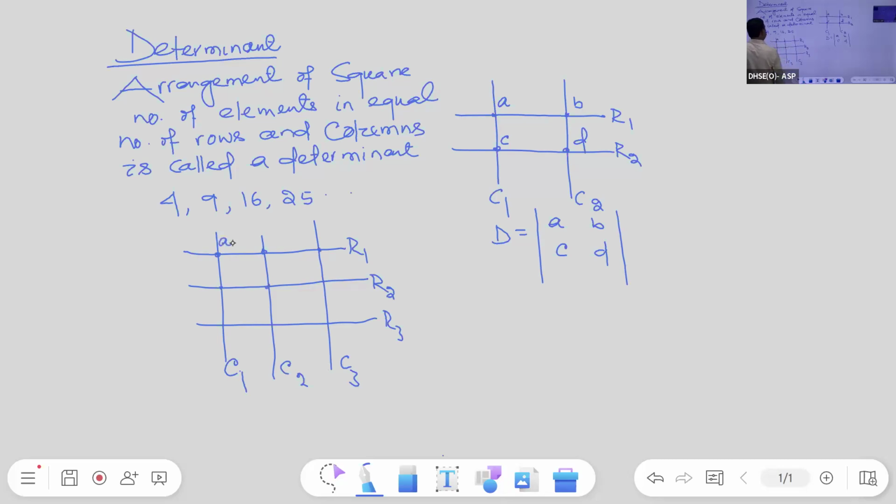Suppose this point of intersection is occupied by A. This is B, C, D, E, F, G, H, I. So the determinant can be written as D is equal to ABC, DEF, GHI. I hope it is clear to you.